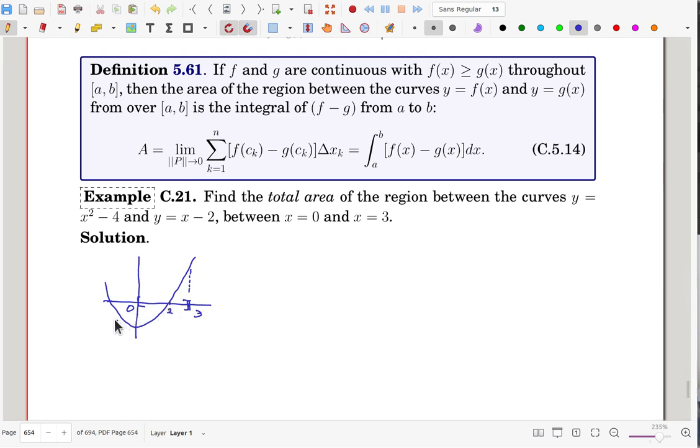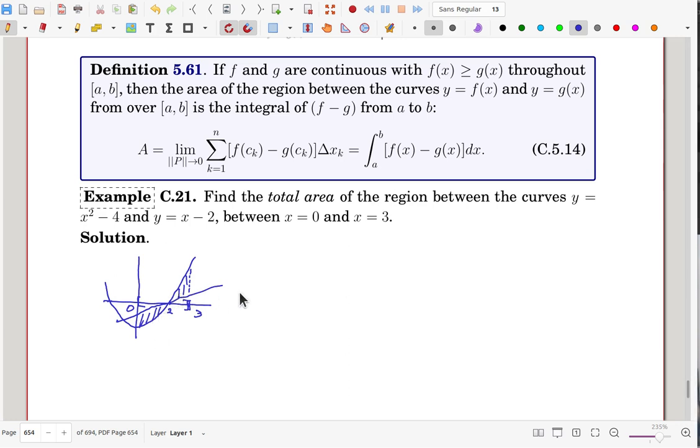Okay, it must be passing here. Let's make a straight line like that, so that we have to find this area and that area separately and sum them. That's what we have to do.